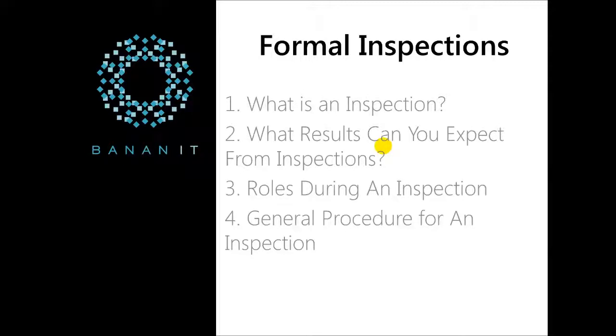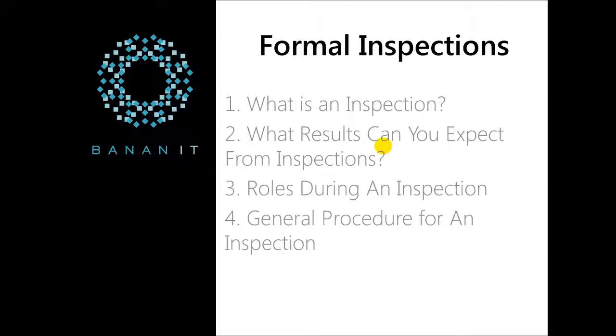So what results can we expect from inspections? Individual inspections typically catch about 60% of defects. This is higher than other techniques, except techniques such as prototyping and high-volume beta testing.